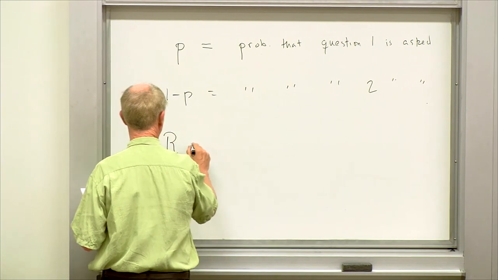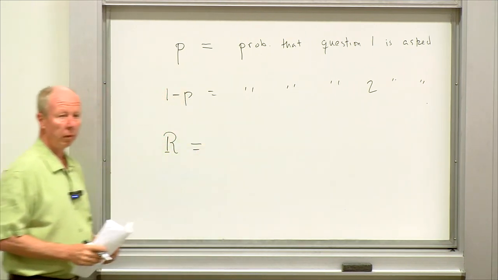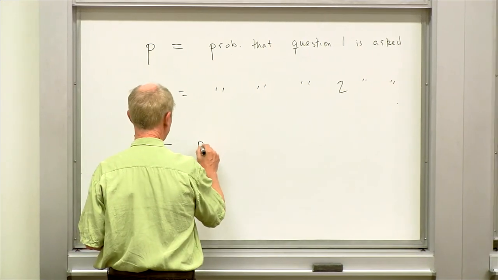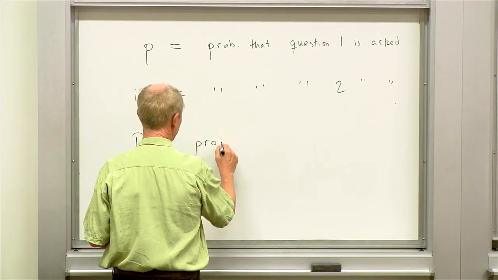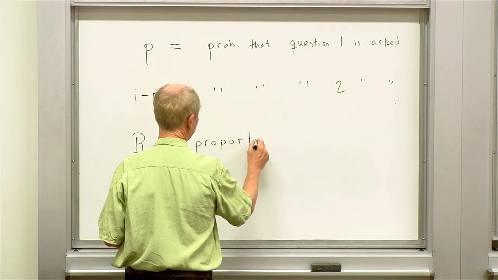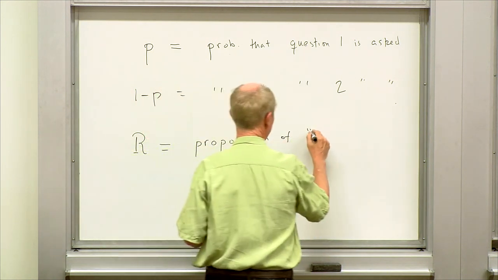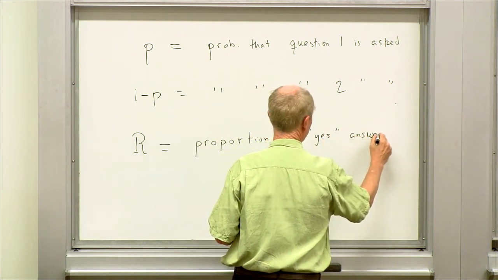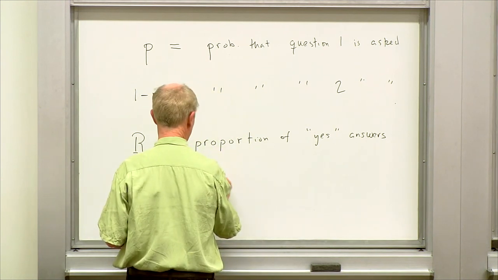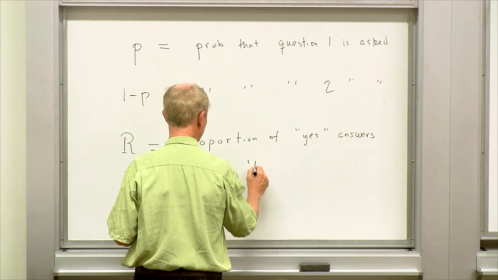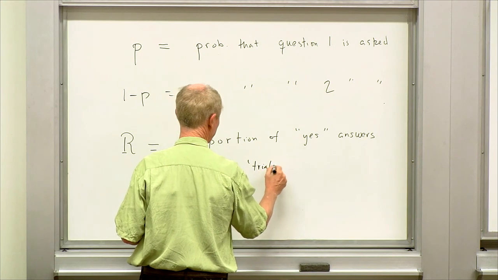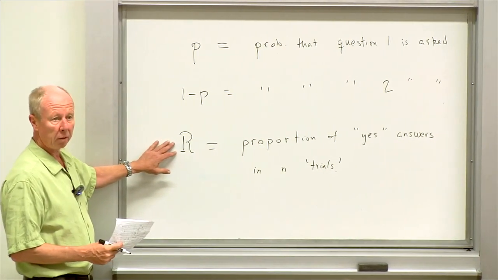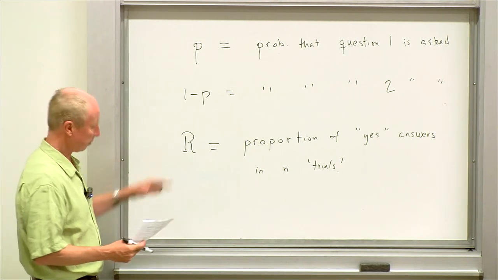We do this multiple times, n times, and then capital R would be the proportion of positive answers, where a trial would be an interview. So we know this outcome. We know capital R from the interviews.